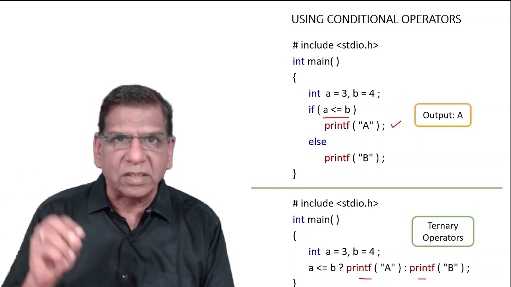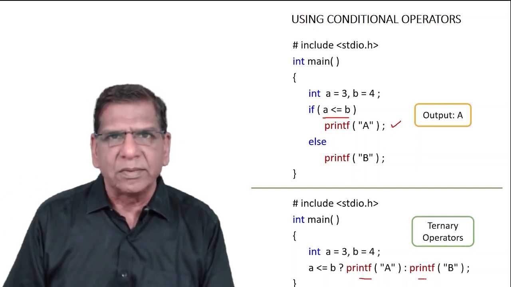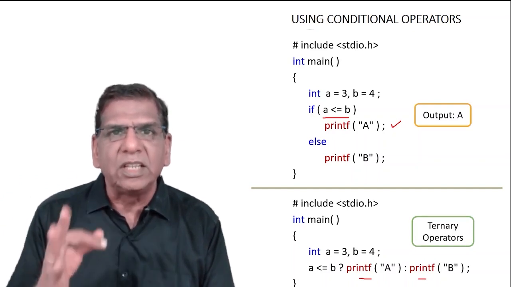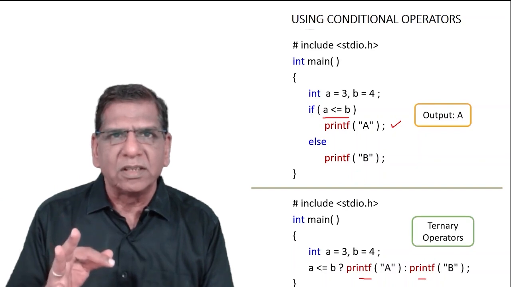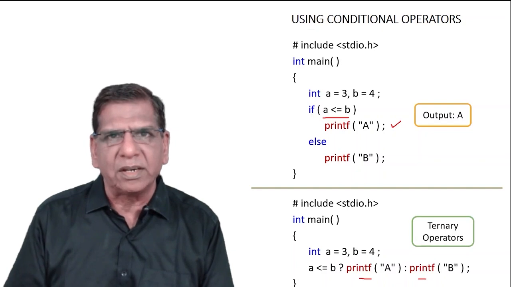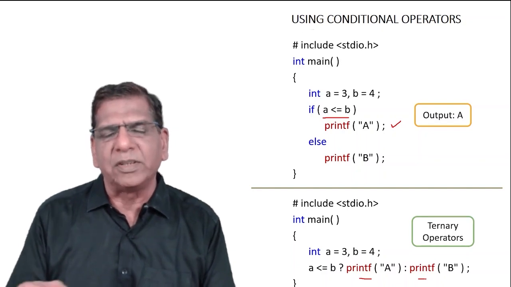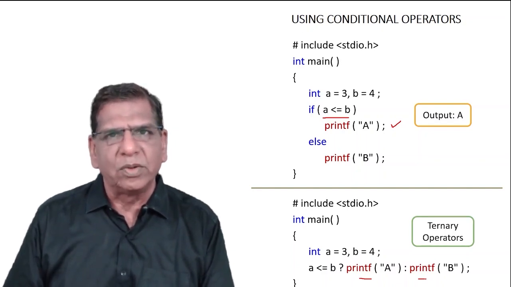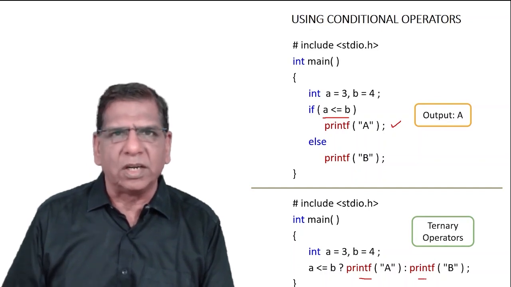So question mark and colon are conditional operators. They are also known as ternary operators. Ternary because they need 3 operands to work with. If an operator needs only 1 operand, it becomes a unary operator. For example, if I say A equal to plus 35, that plus is working only on 35, so that's a unary plus.